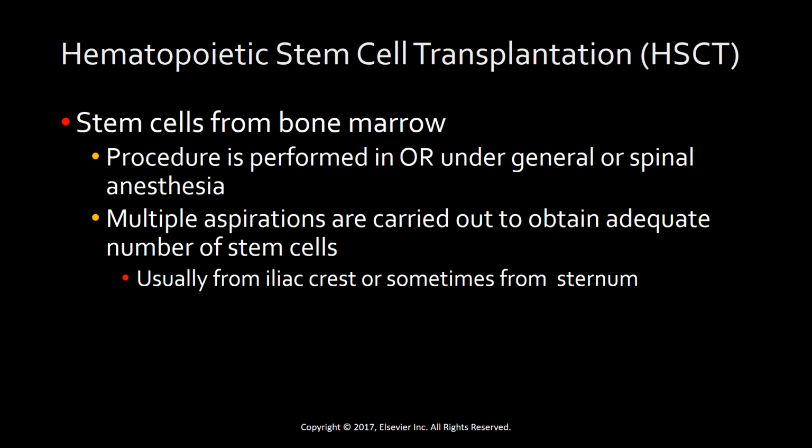Let's talk about the procedure. The procedure used for harvesting stem cells from the bone marrow is done in the operating room using general or spinal anesthesia. Multiple bone marrow aspirations, usually taken from the iliac crest but sometimes the sternum, are carried out to obtain stem cells.